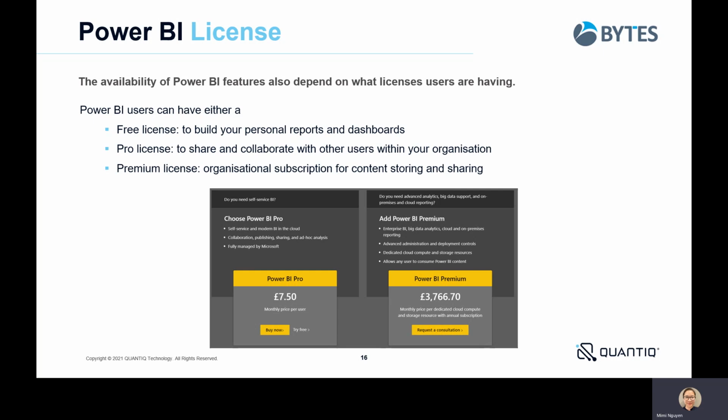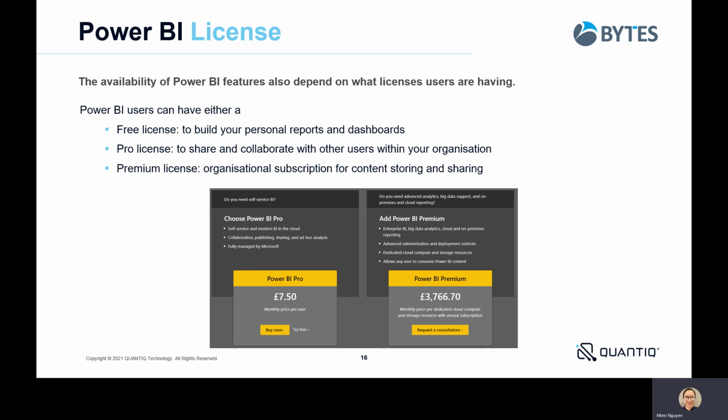And I think around March 2021, within the Microsoft Ignite, Microsoft announced the Power BI Premium per user, which is about $20 per user per month, around 15 pounds per user per month for a standalone license.